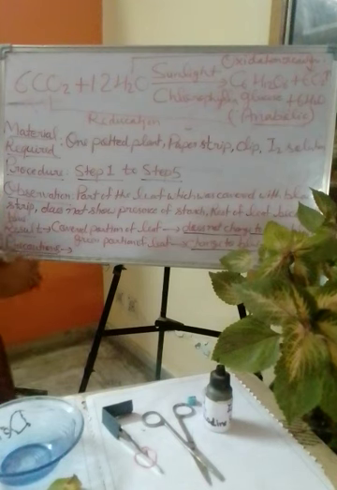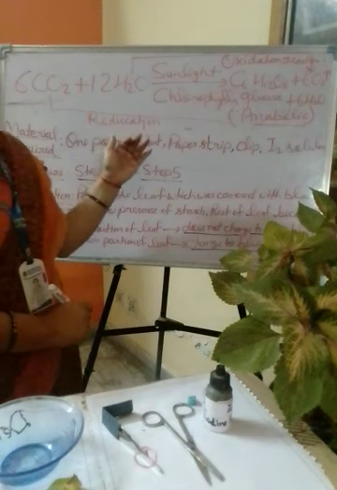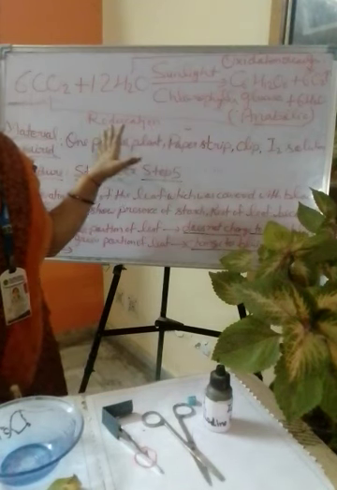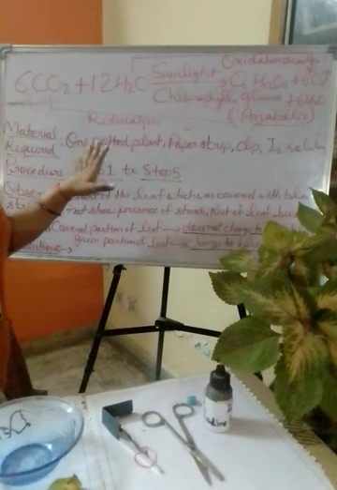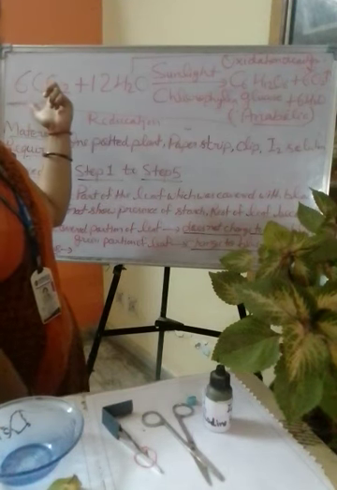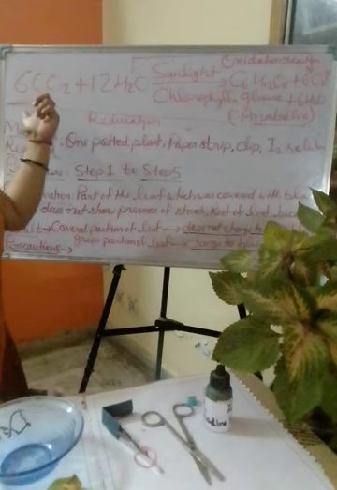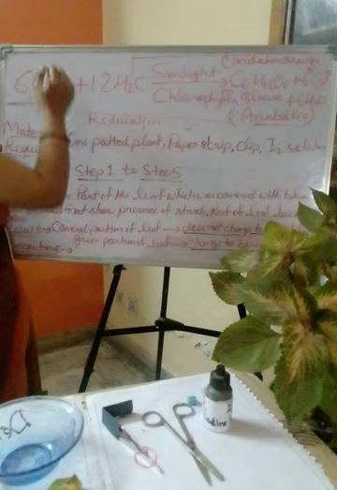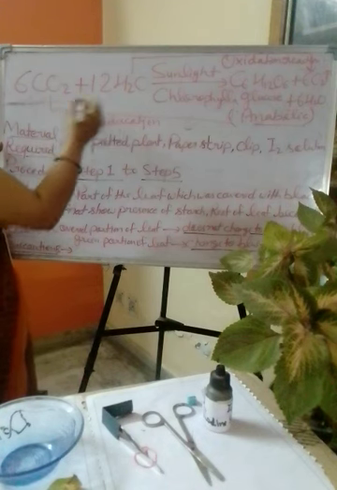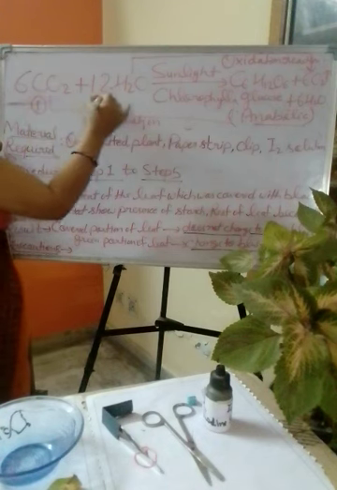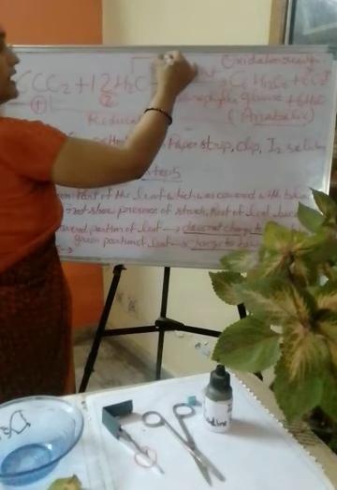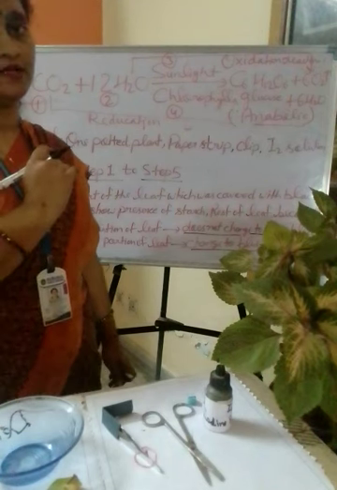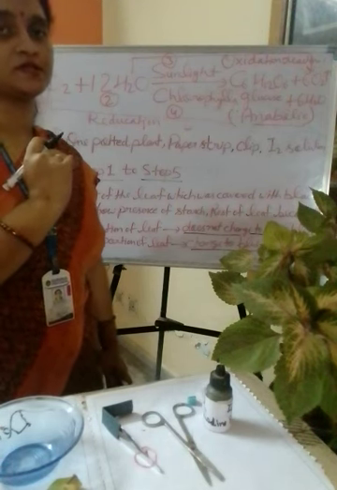Now we are going to demonstrate this practical to prove that light is an important factor for photosynthesis, but carbon dioxide is also an essential material for photosynthesis. Now there are 4 raw materials essential for photosynthesis: carbon dioxide, water, light and chlorophyll.